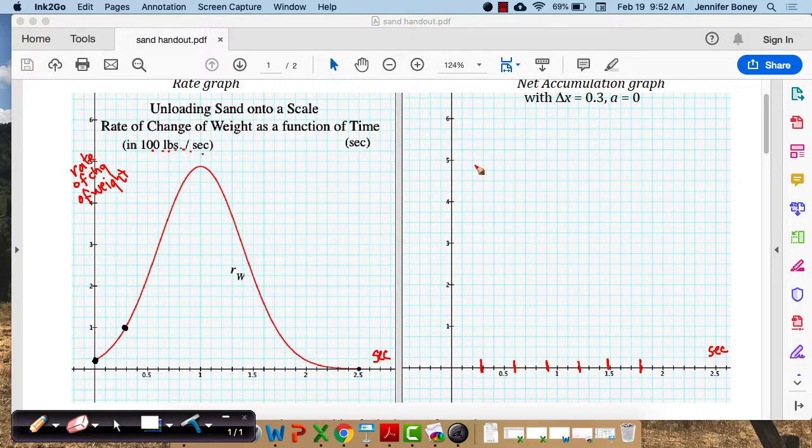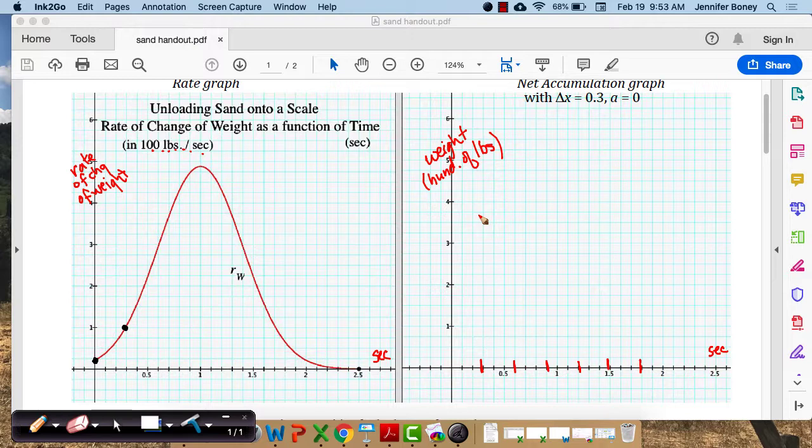If I'm looking at the net accumulation graph, what would these numbers 1, 2, 3, 4, 5, 6 be? What would be the units on those? Yeah, just hundreds of pounds, which would be representing the weight in hundreds of pounds. Now, specifically relative to how we did this, it was just starting at time 0.